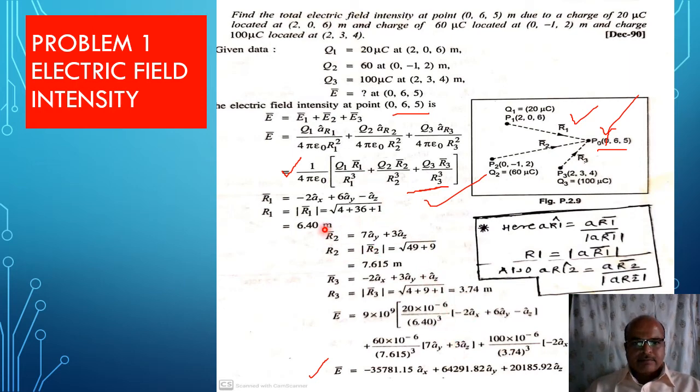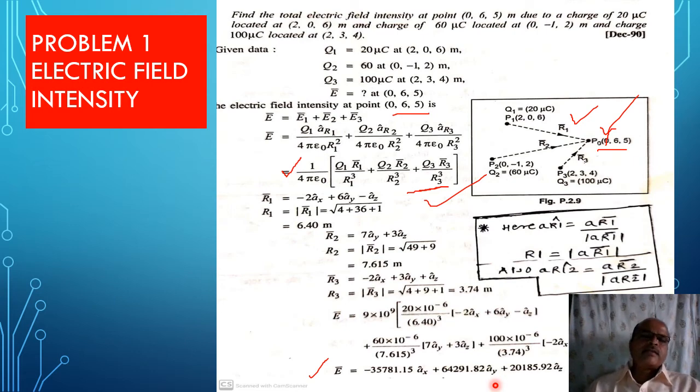R1 bar is this value, minus 2 ax cap plus 6 ay cap minus az. Put all these values in this equation, and after calculation we will get this value, or we can calculate the electric field intensity.